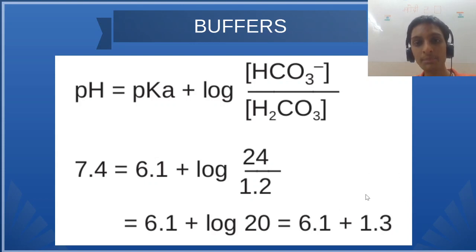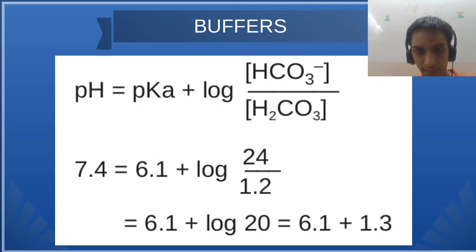I'll tell you how to get 1.3. It's very easy, a little bit of mathematics. There's a formula: log AB is equal to log A plus log B. So 20 should be written as 2 into 10. So log 2 plus log 10. Log 2 is 0.3. Log 10 is 1. So 1.3.